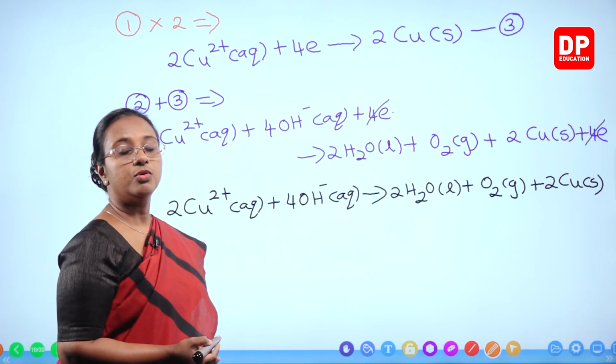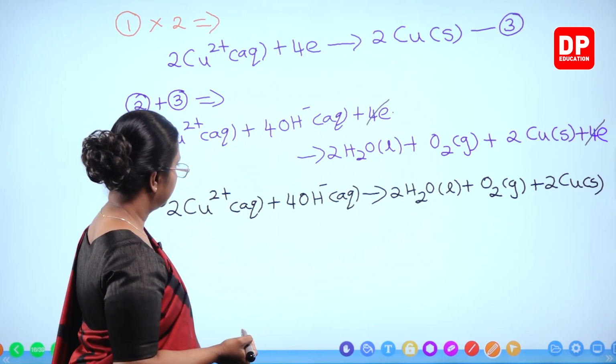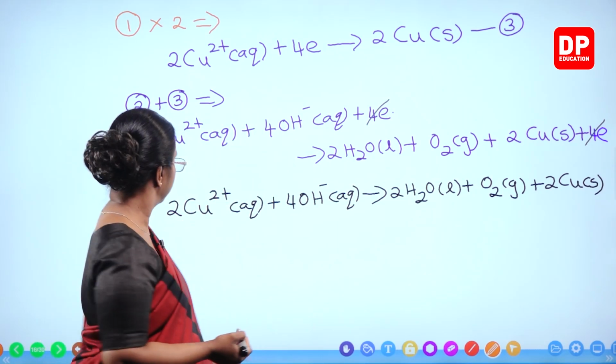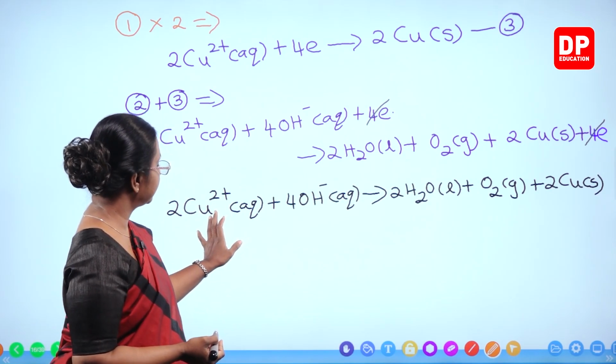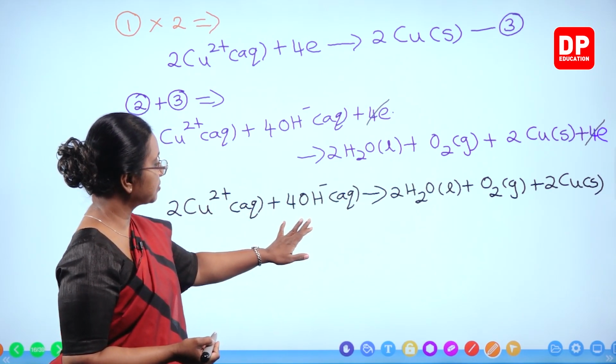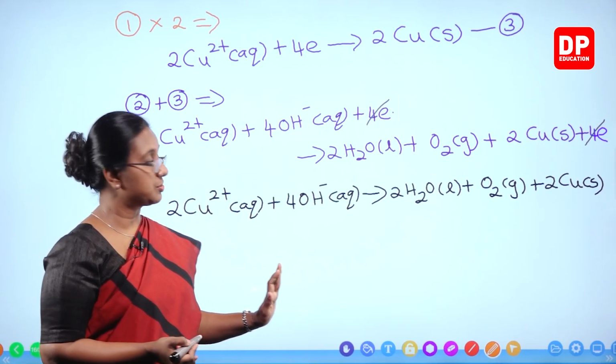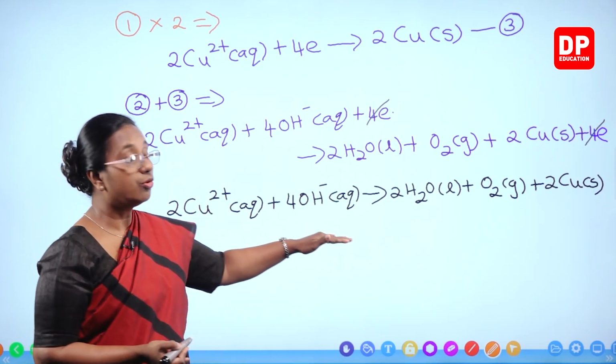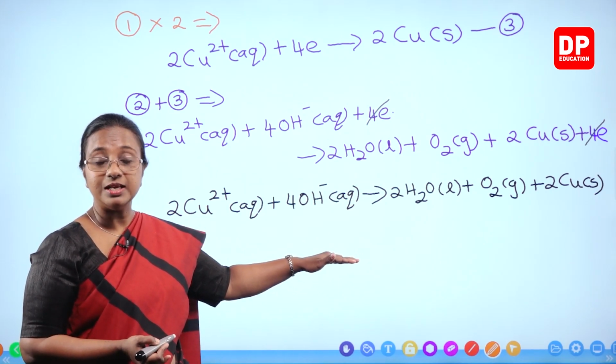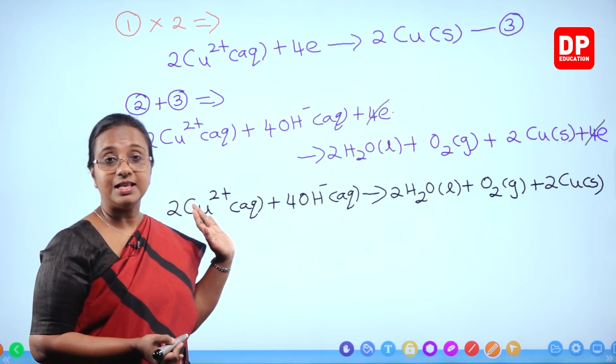That is the overall reaction. Can you all understand that? So copper ions and hydroxide ions undergo reduction and oxidation respectively. So that is the overall electrolytic reaction. Is that clear to you all?